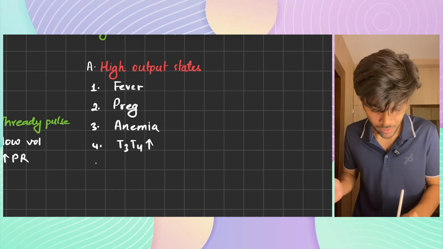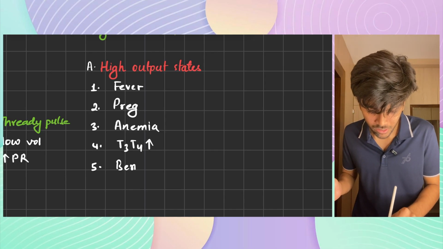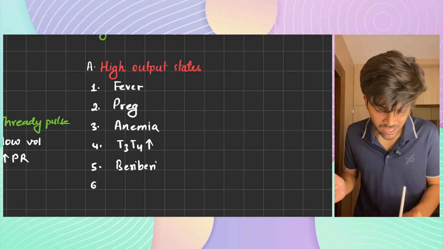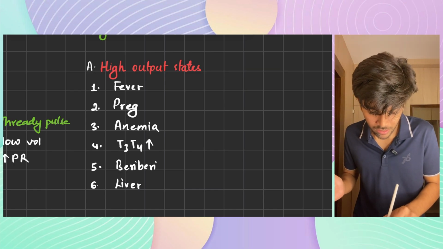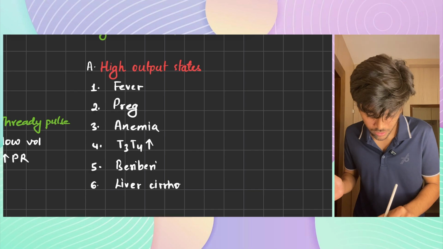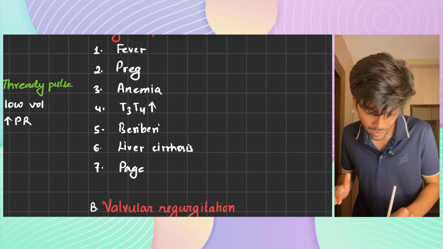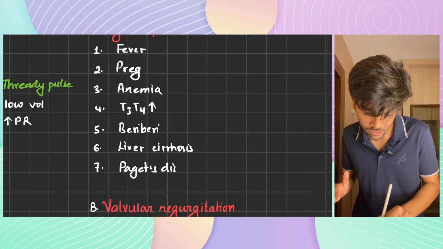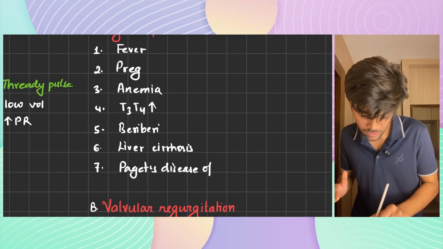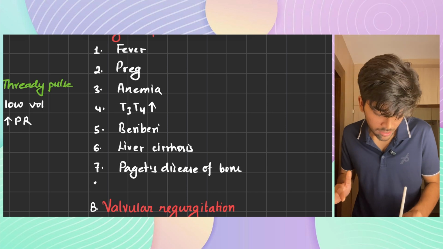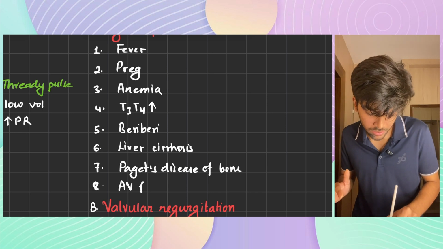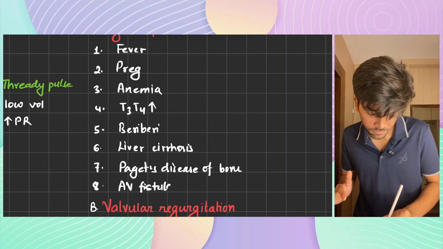Number five, beriberi. Number six, liver cirrhosis. Number seven, Paget's disease of bone. And number eight, arteriovenous fistula. Okay.